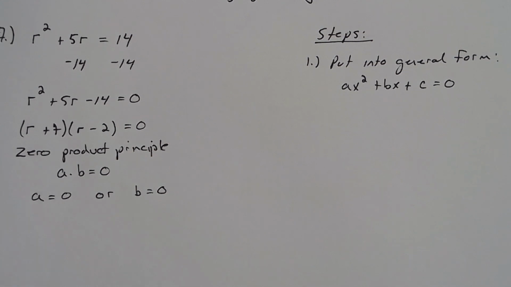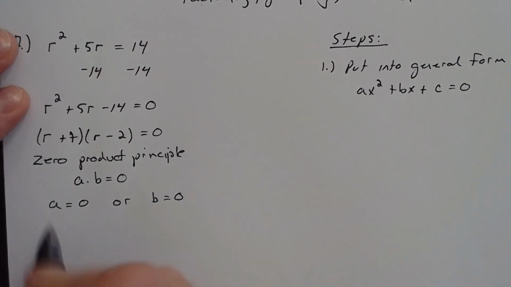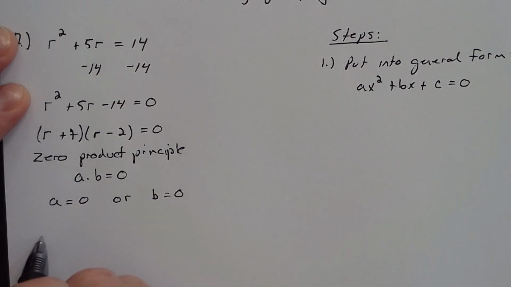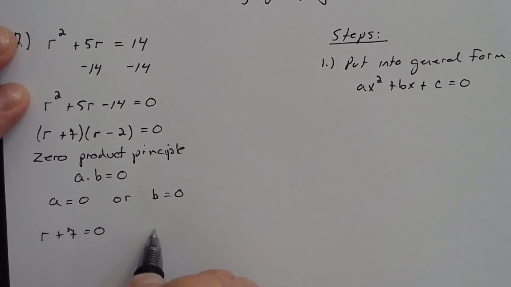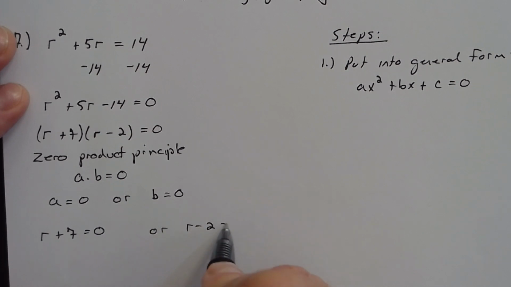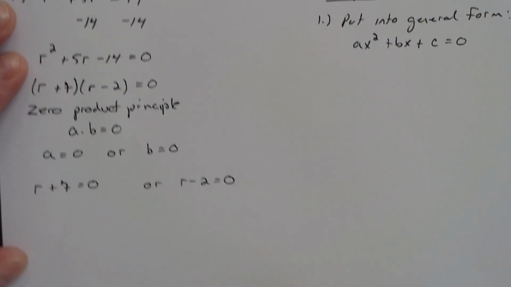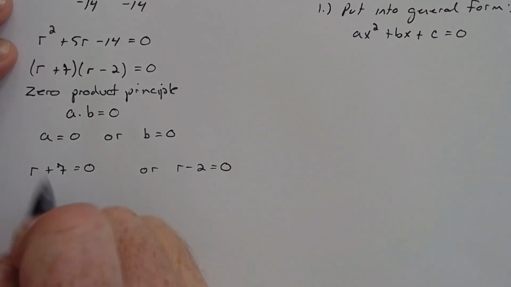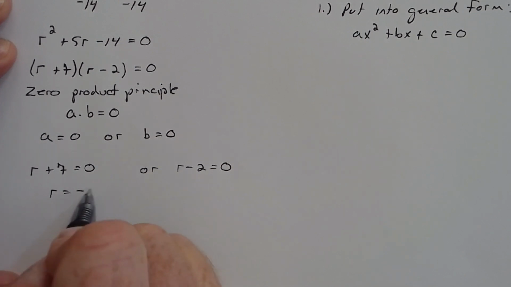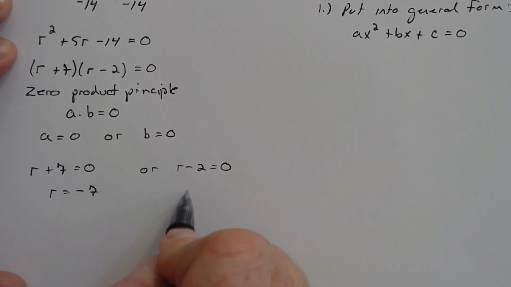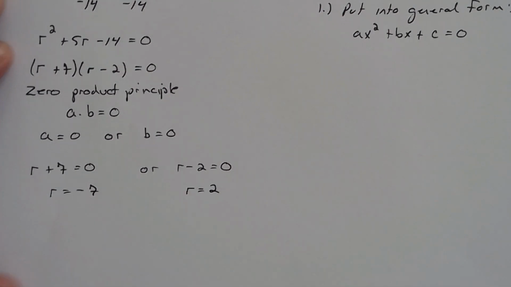And so what we do is set them both to 0 and solve for the variable. These are possible solutions.